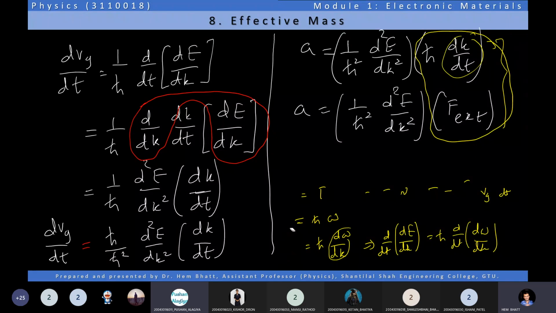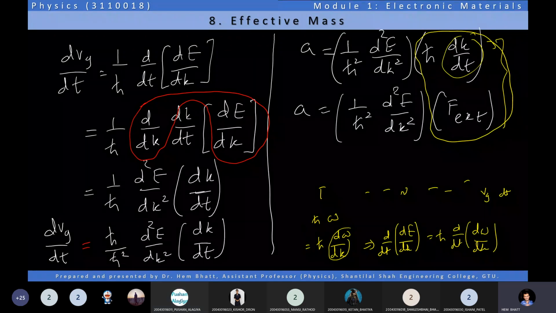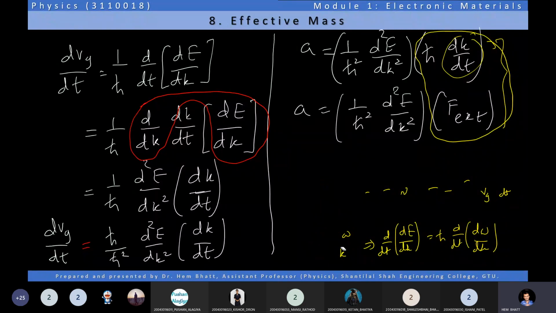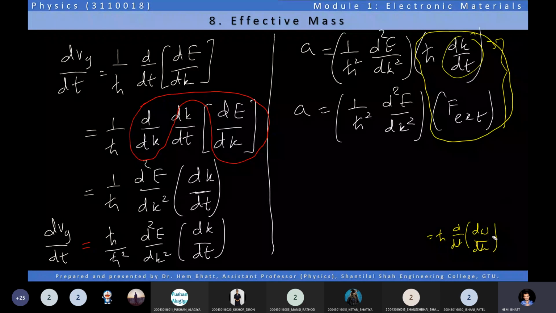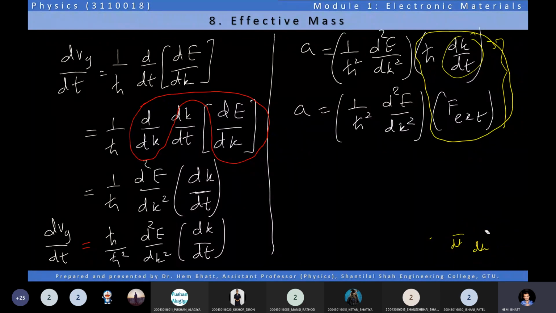Very good. So the middle term in the bracket, 1 by h cut square d2E by dk square, that is second order differentiation of energy multiplied by 1 by h cut square, is inverse of mass, and this indicates that mass depends on energy and actually velocity also.